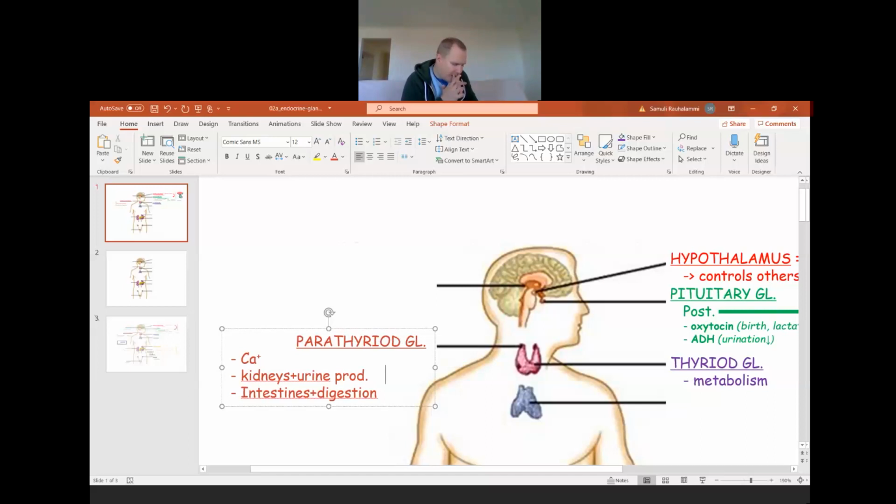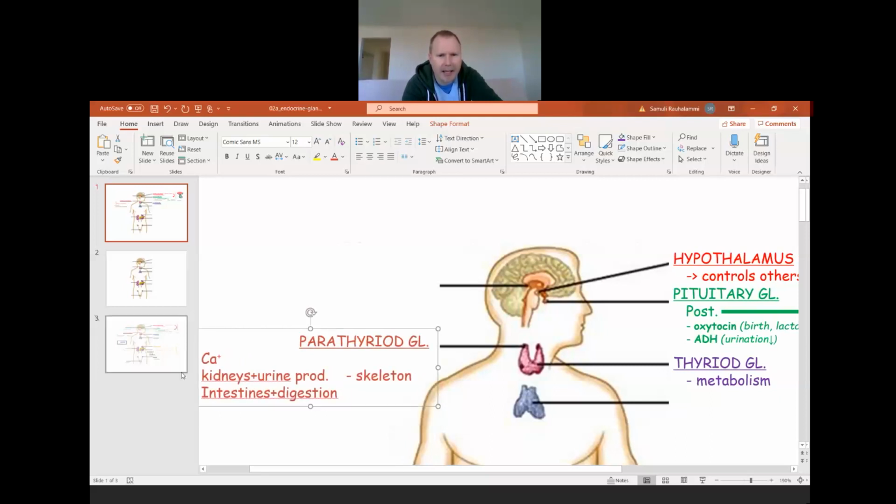A few other things, I think that with the calcium, it kind of makes sense. Parathyroid plays a major role in regulation, controlling the development of the skeleton. And the final one that I would add here is going to be vitamin D activation.